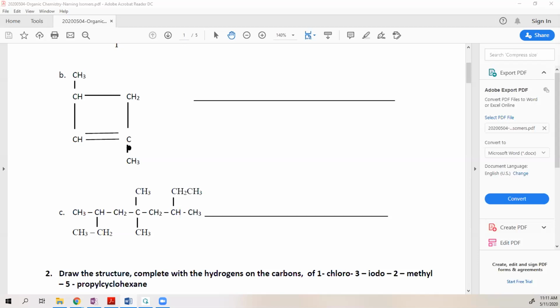Now, if we start from this carbon here, not only is our ene on carbon 1, but our methyl is on carbon 1. And so how you judge where you should start your numbering is you want to look at first who gets priority about getting the lowest value. And then number 2, is there an option for us to get an even lower number for our substituents?